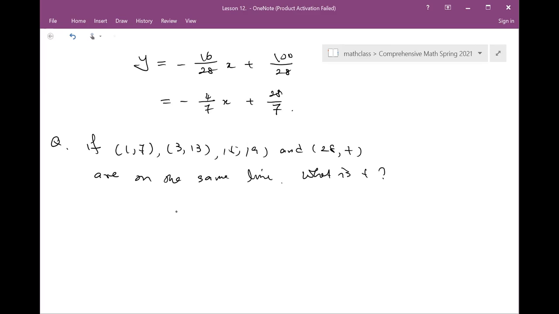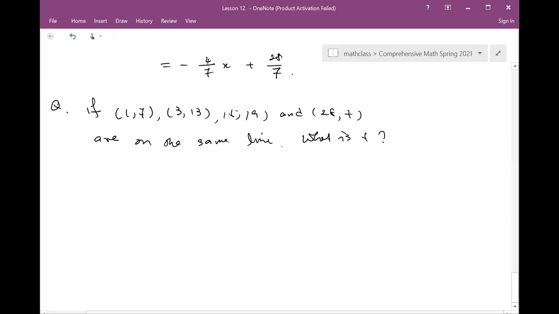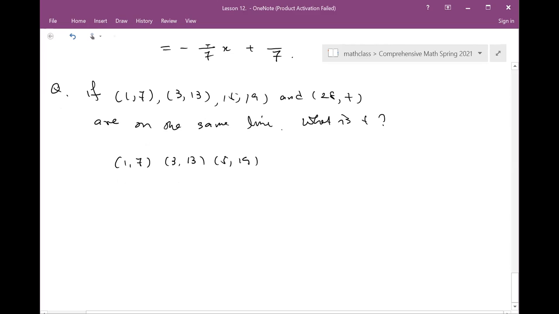All right, so let's work it out. First of all, when you're given additional information, you have to question whether those are on the same line.